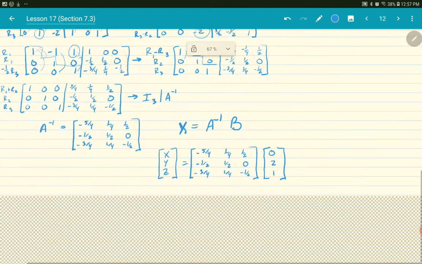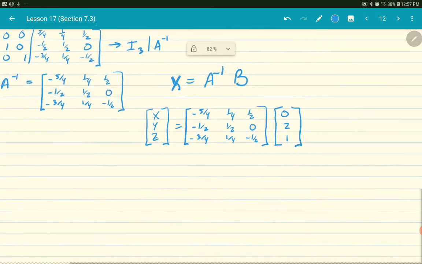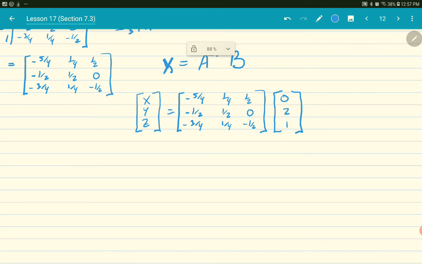All right, so multiplying those together, what do I get? Let's see. So I have a 3 by 3 times a 3 by 1. Those centers match, so that means there is a product, and the product will be a 3 by 1.